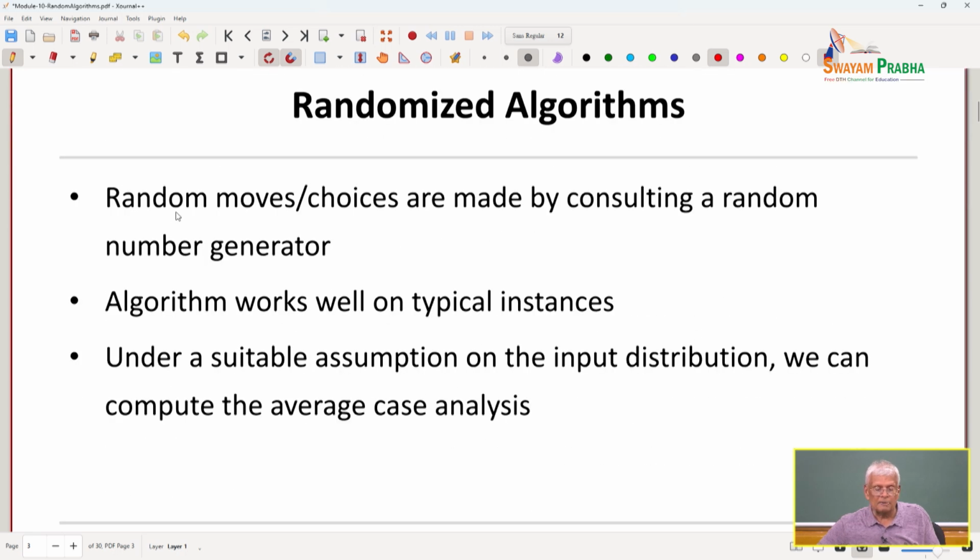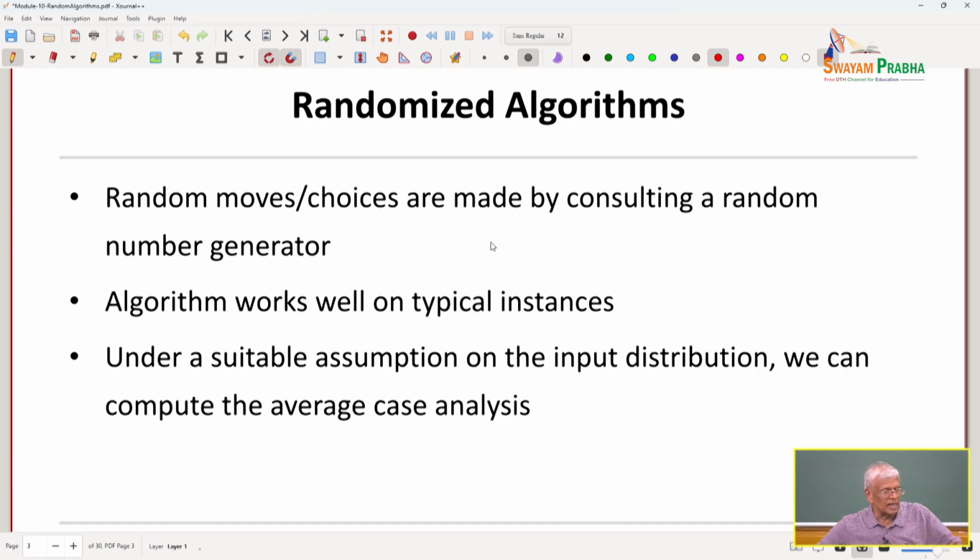So what is the randomized algorithm? It makes randomized moves by consulting a random number generator. Please understand, a good random number generator is the toss of a coin. Another good random number generator is a throw of a die. But a random number generated by the toss of a coin can give you only 0, 1 or minus 1, plus 1.